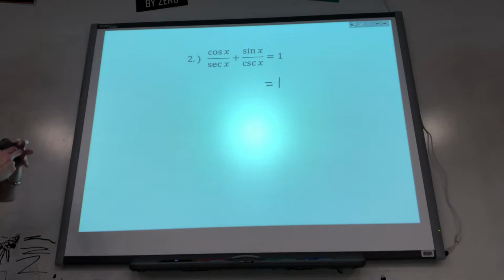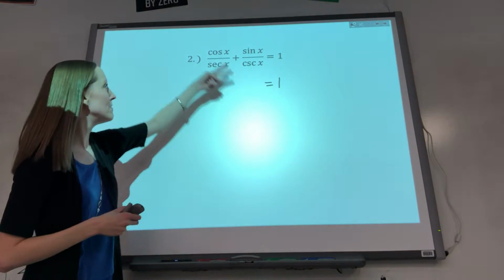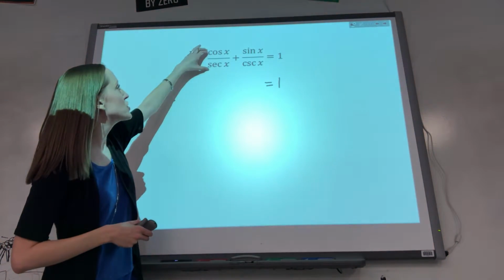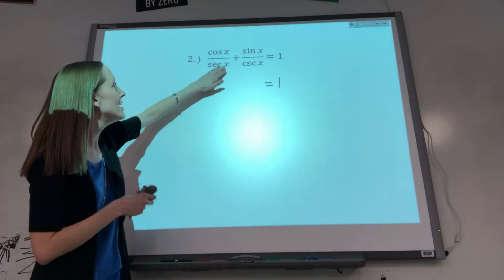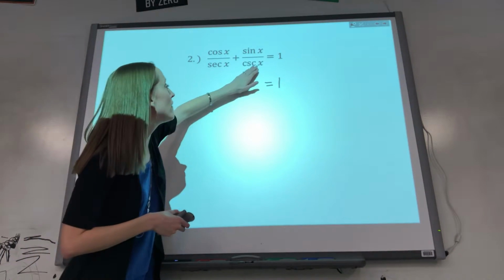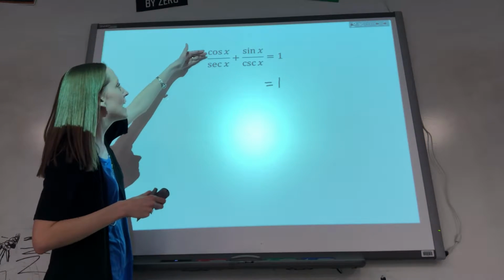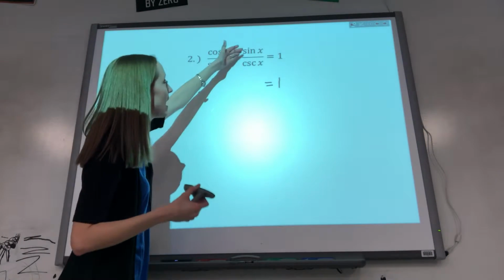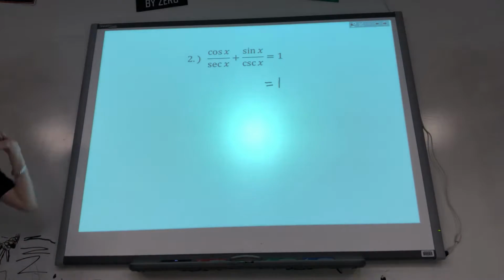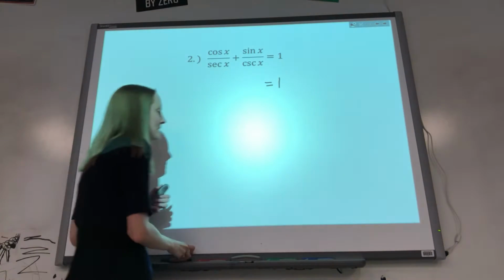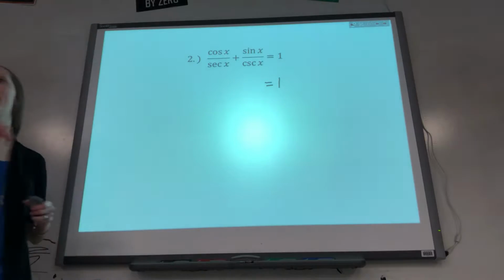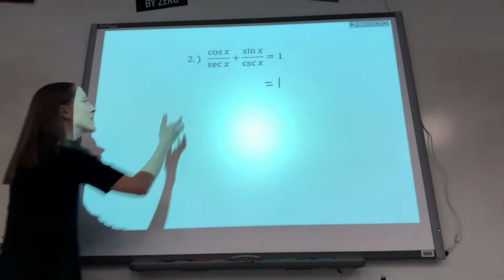So I'm not really going to go that way, but I am looking at the trig functions right here and the trig functions right there. What's the relationship between cosine and secant and sine and cosecant? Reciprocals. So there's 2 different ways you could do this problem.